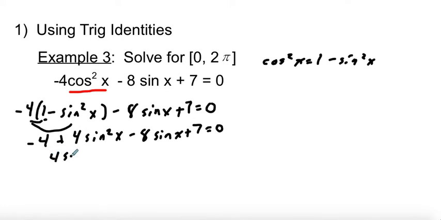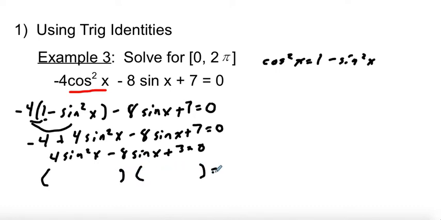So 4 sine squared x minus 8 sine x. I'm going to combine my like terms, so that negative 4 and that plus 7 there is going to give me a plus 3. Alright, so now I see I've got a quadratic. I've got 3 terms. I'm going to go ahead and factor this.